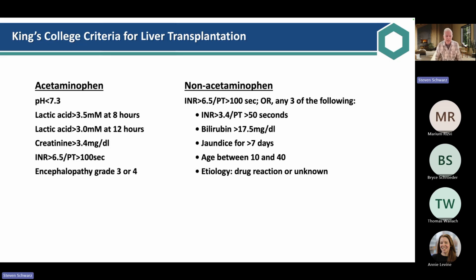And again, this is for you to look up on your own. I would only mention the fact that when you get an acetaminophen patient down on the left column at the bottom, if they are entering encephalopathy grade 3, they are likely going to require a liver transplant.